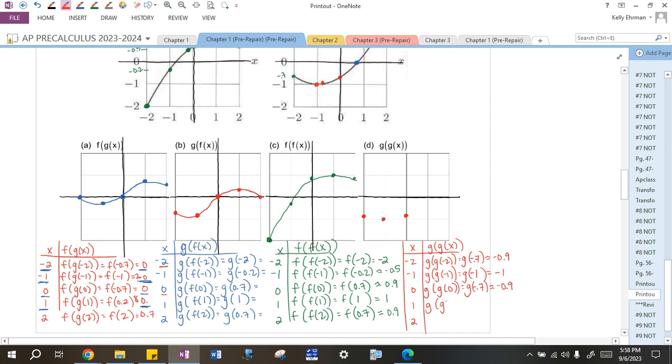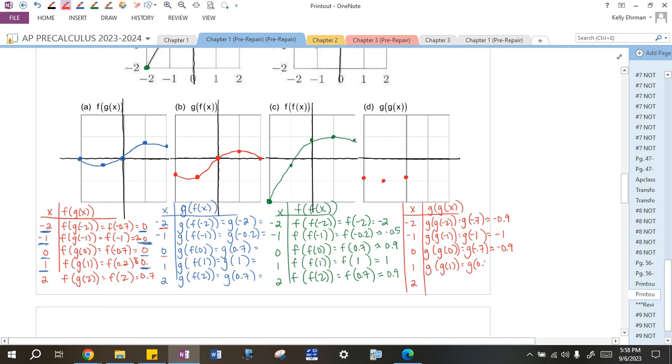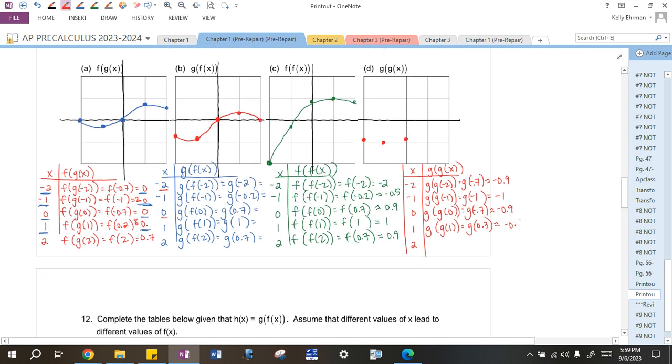G of 1. When we hit 1, g's graph is at about 0.3 maybe. When we go to 0.3, g's graph is -0.5. So when we're at 1, we're at about -0.5.